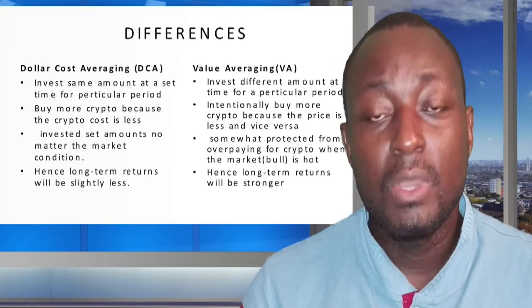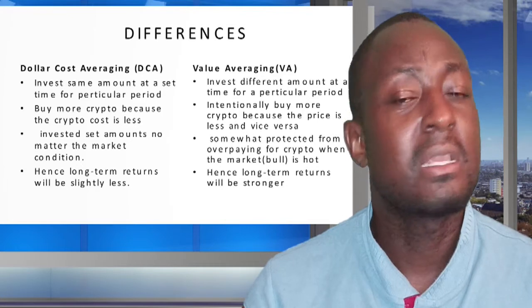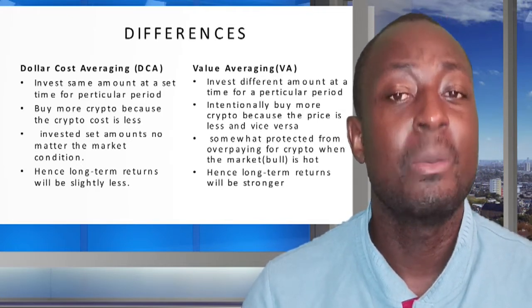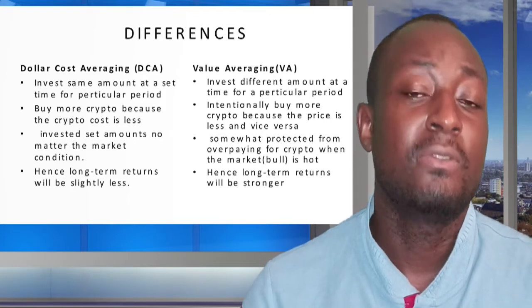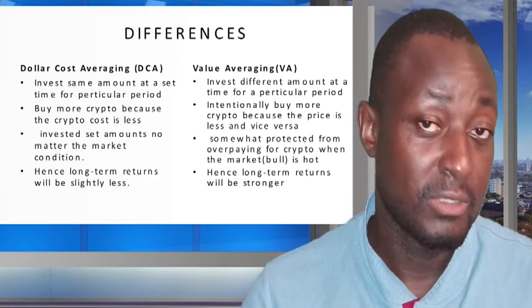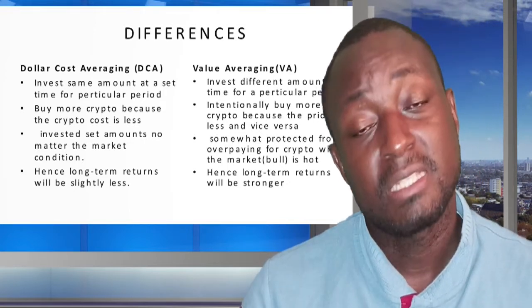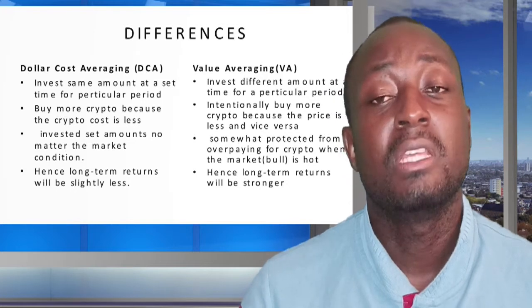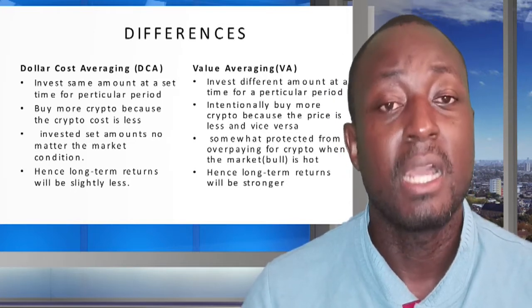While in value averaging, the investor is somewhat protected from overpaying for cryptos when the market is good, because at that moment the investor starts investing a smaller amount because the price is high.